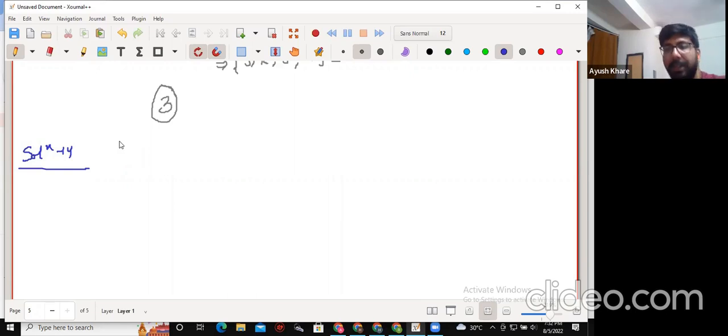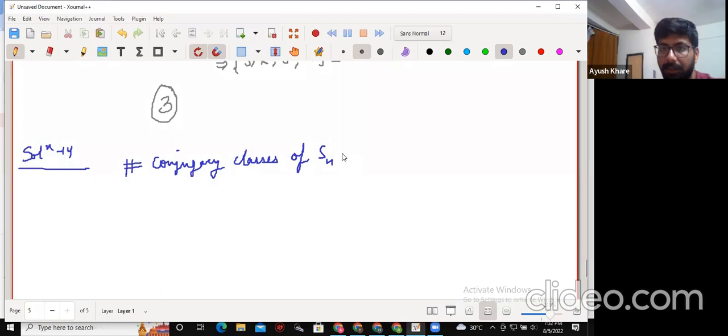So the partition of n is always preserved under conjugacy in Sn. So the number of conjugacy classes of Sn is the same as the number of partitions of n.